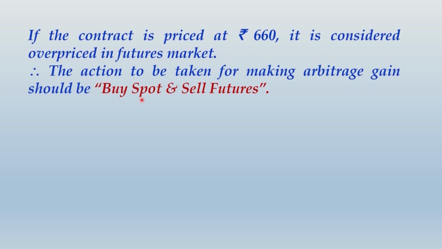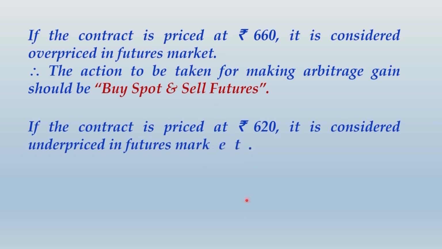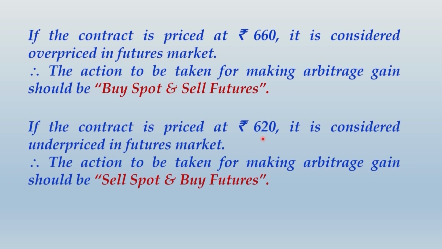In the spot market you should preferably buy. So the strategy will be buy spot and sell futures. If the contract price is 620, which is the other price given to you, you should take the inverse strategy, that is sell spot and buy futures.